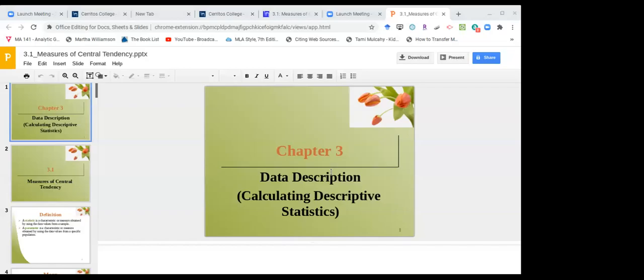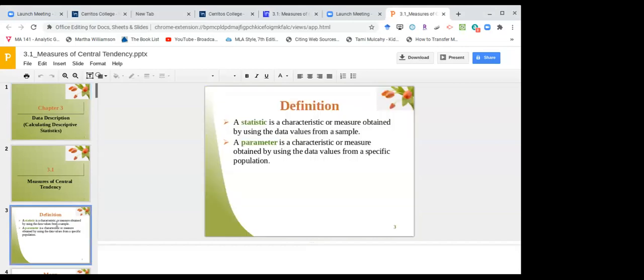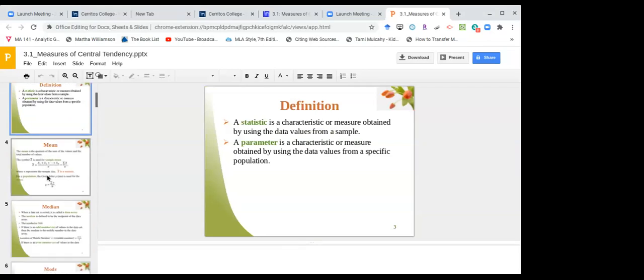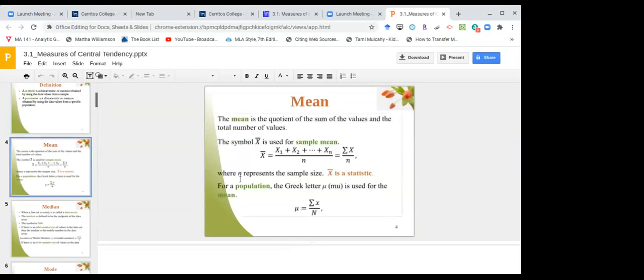So in this section, as I mentioned, we're dealing with measures of central tendency. We're dealing with statistics that describe samples versus parameters that describe populations. Parameters starts with P, population starts with P. That's how you remember. Pay attention, like I said, to the symbols. X bar is the mean for the sample.